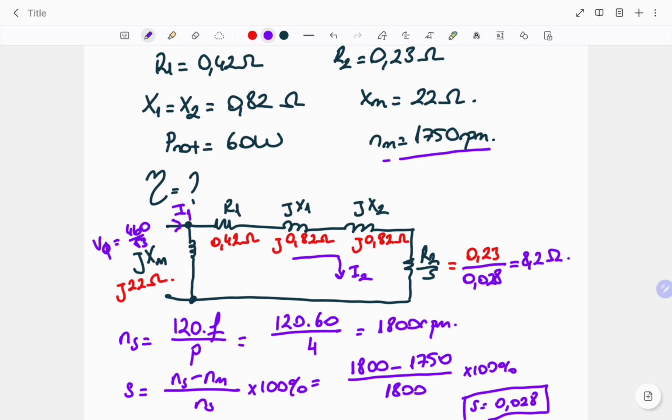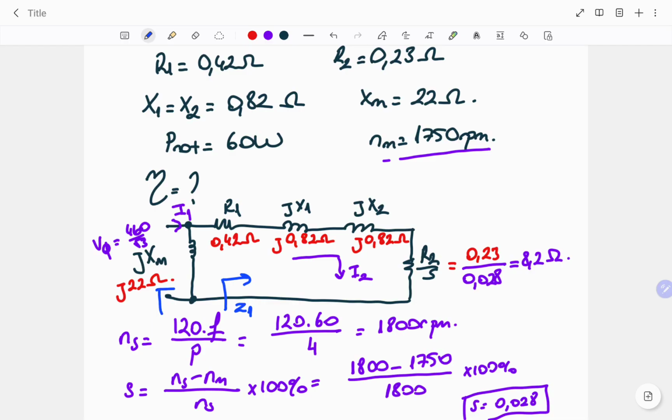When we examine the circuit, first of all we have series connected components on the right side. So let's call it Z1. For the Z1, we have R1, X1, X2, and R2 over S in series connection.